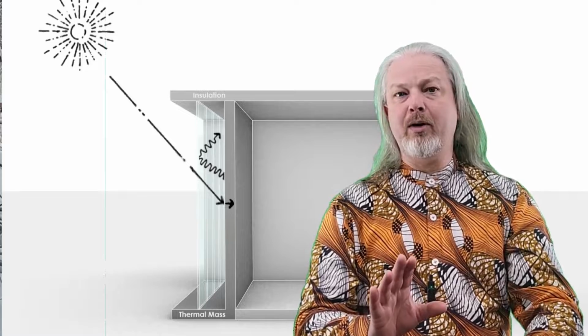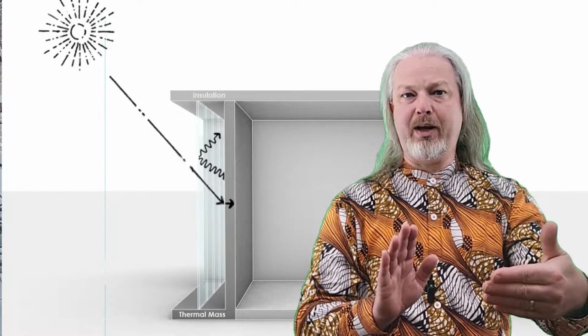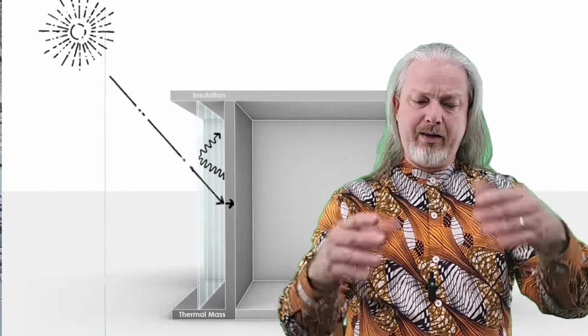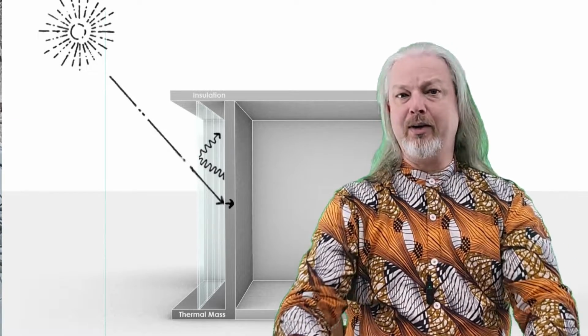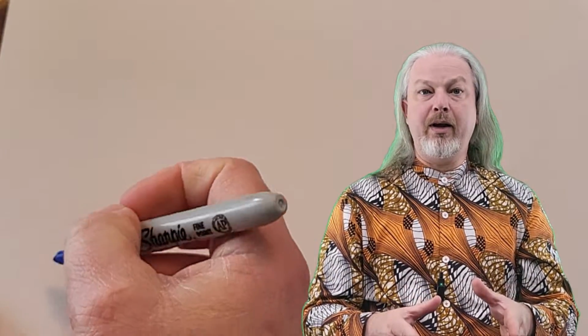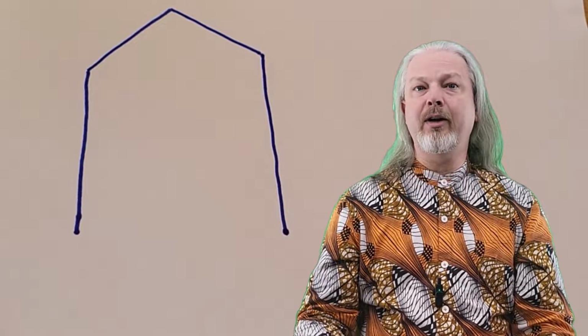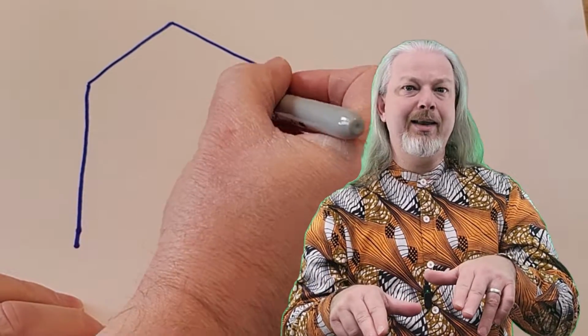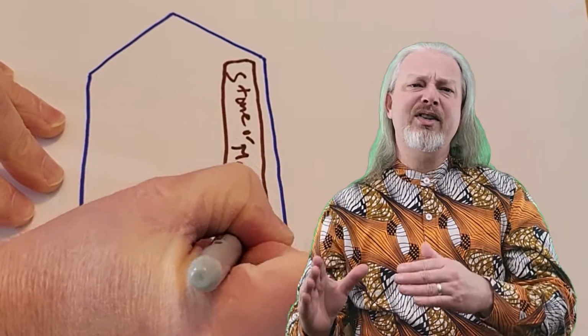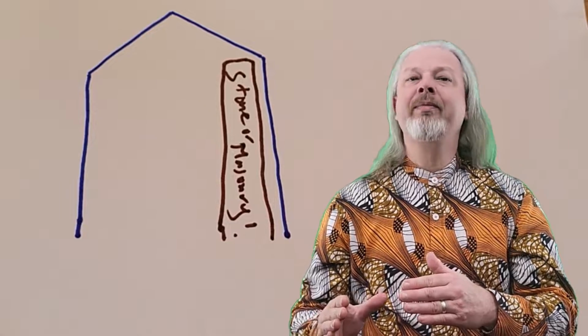It's on the south side of the house, behind a south-facing window with an insulating air gap in between. And that heats up sometimes quite a bit, and the air is allowed to pass through into the rest of the house. We can take advantage of the same principles that are present in a Trombe wall by insulating the north-facing envelope of our greenhouse, or if you're in Australia, the south-facing side, whichever side doesn't get sun.